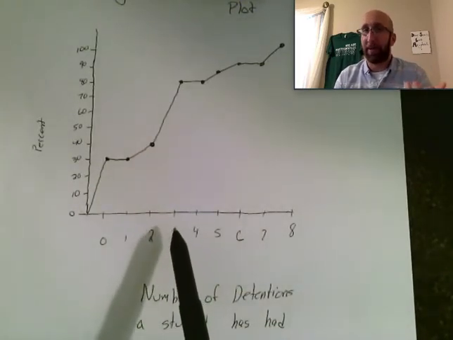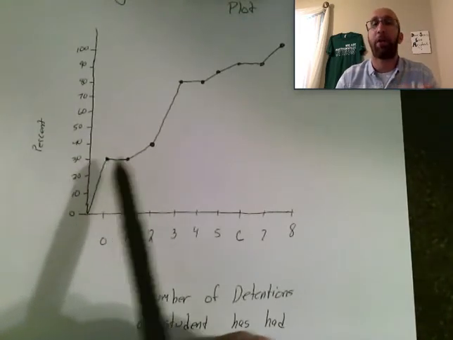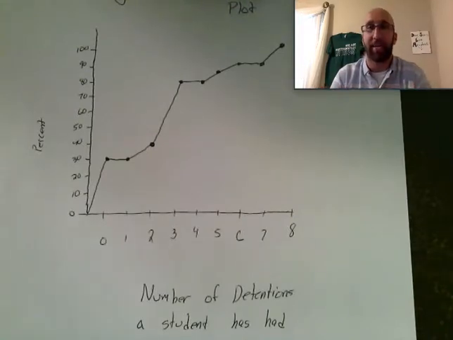Because think about it: I just said 30% of my entire data set has 0, and 80% has had 3 total. That's not true, because then I'm over 100% of my data. It's not representative. So here's where the cumulative relative frequency plot comes in.